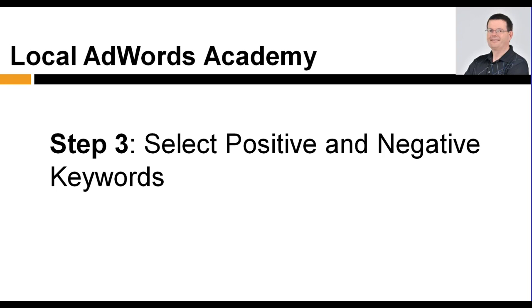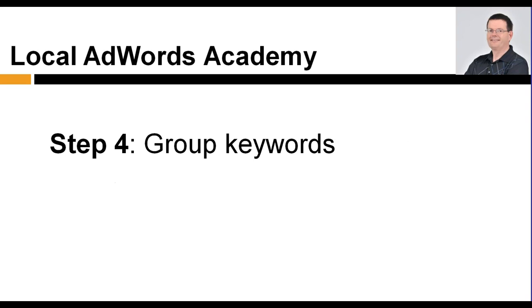Step number 3, select positive and negative keywords. Wow! So with that information from Google, we are able to select the positive and negative keywords. And by now, we know what the positive keyword is, and we know what the negative keyword is.